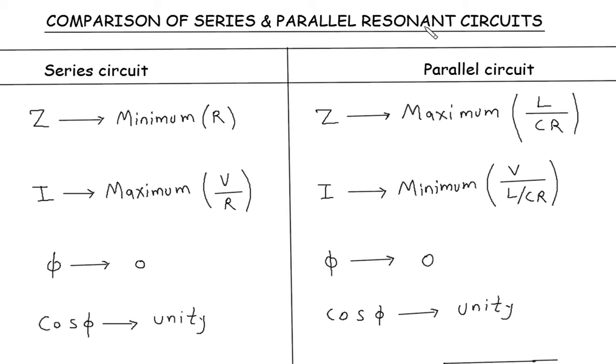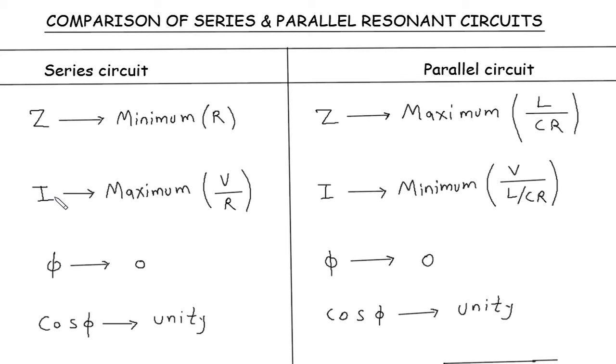Comparison of series and parallel resonant circuit. In series circuit, the impedance is minimum and it is equal to resistance R. For parallel circuit, impedance is maximum and it is equal to L by CR. This impedance is called dynamic impedance or equivalent impedance, and it is resistive in nature for parallel resonant circuit.